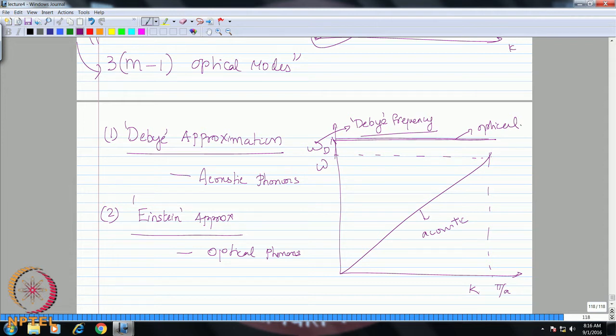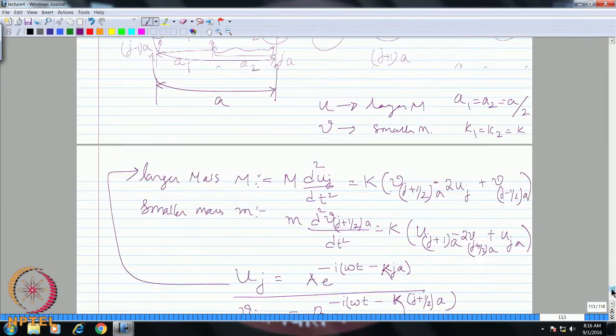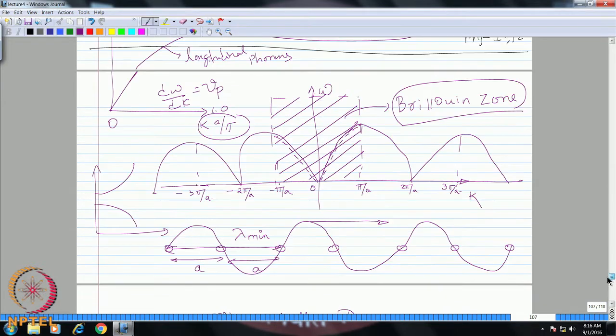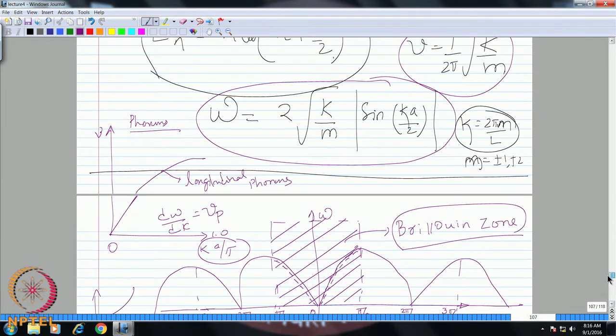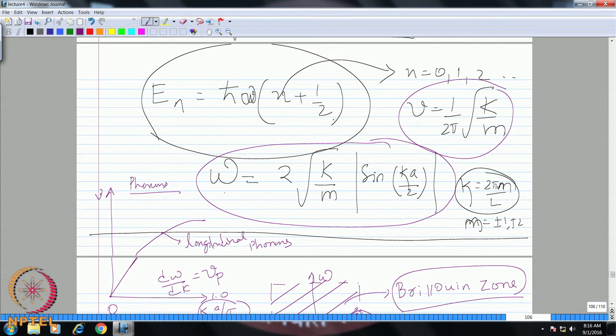Therefore, if you go back to our actual relationship between omega and k for a monoatomic crystal, we had derived this. Let us call this equation number 1.